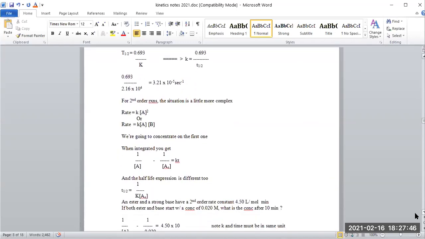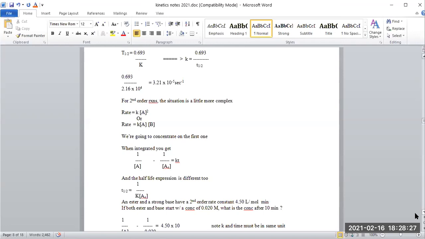Your equation is not quite the same because it doesn't have any natural logs in it. This one has inverses, 1 over something. So if you integrate to get the second one, you've got 1 over A, that's concentration at some other time, minus 1 over original concentration, A0 for original, equals kt.